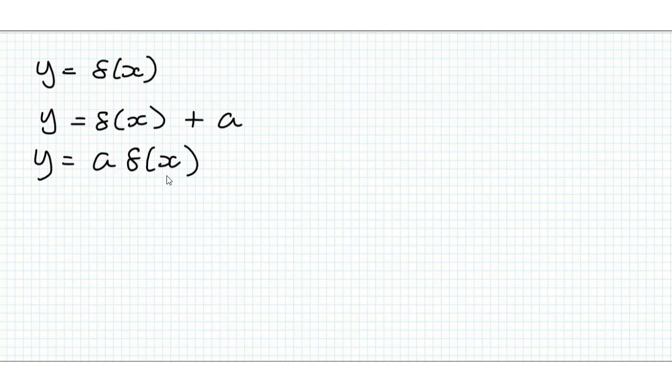Now we're going to look at some slightly harder ones. What if we have y equals f of x plus a? Okay, so now we're actually changing our input into the function. But what we've got to think is, what value of x do we have to plug into y equals f of x plus a to get the original value we had for y equal to f of x?